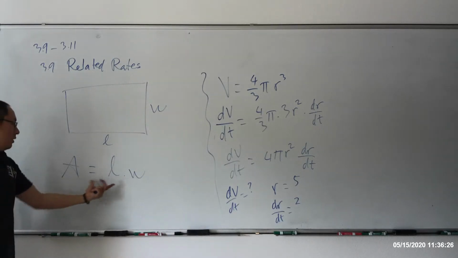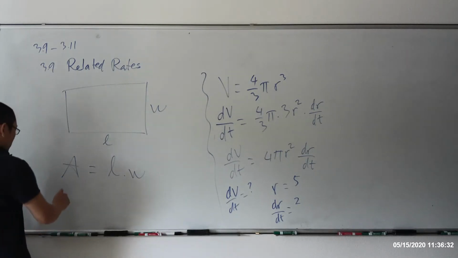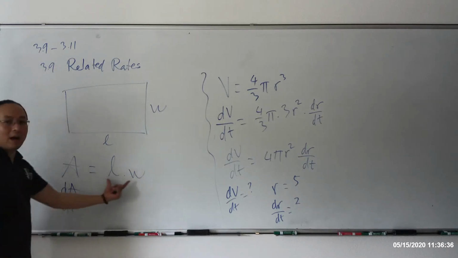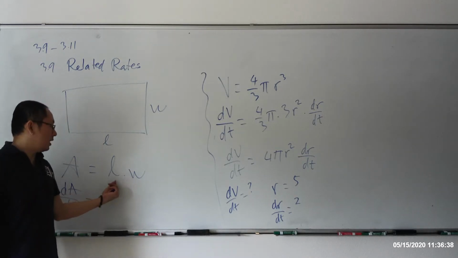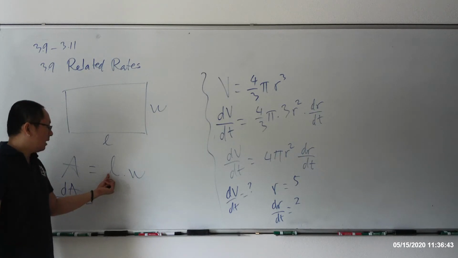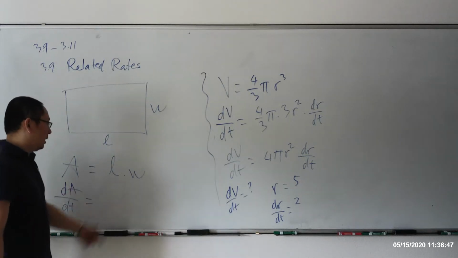So how do you find the relation between the rate of change in length and width versus the rate of change in the area? Differentiate both sides. dA over dt. Now I have to use the product rule here because I have the product of two functions. Keep in mind one more time, L is a function, W is another function. So what does the product rule say?